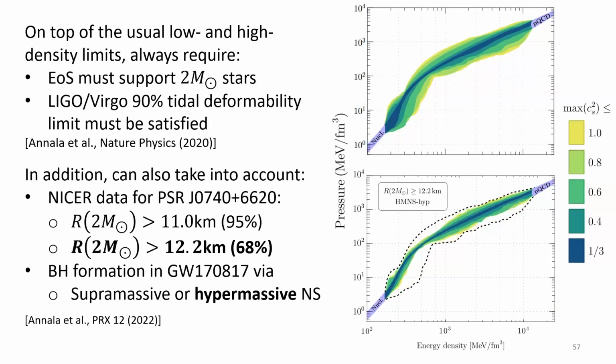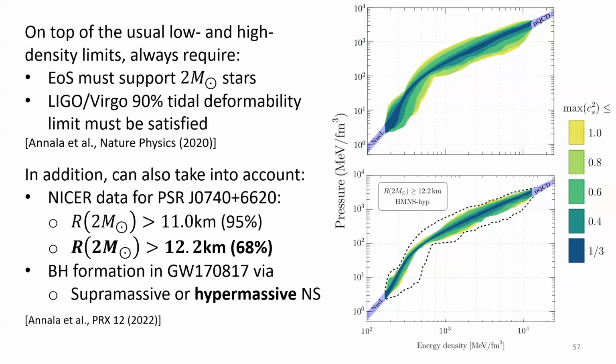But if we are even more brave, and we actually use the 12.2 lower limit for the radius of a 2 solar mass neutron star and the hypermassive scenario, then we see that all that is left is this very, very tiny band of viable neutron star matter equations of state.